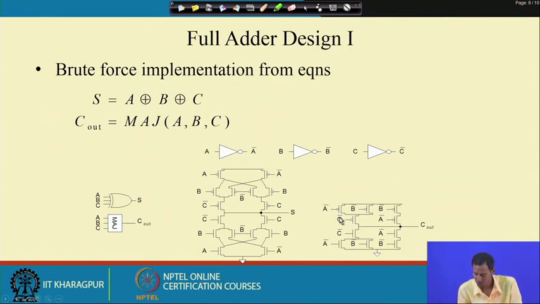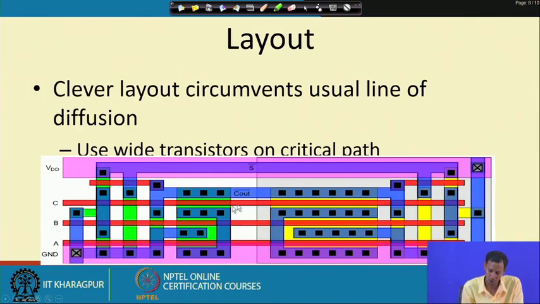If you see, the source of this and the source of this transistor, two of them are connected, and then the drain of this is connected with the source of this C. So in this layout also we have to connect something like this.